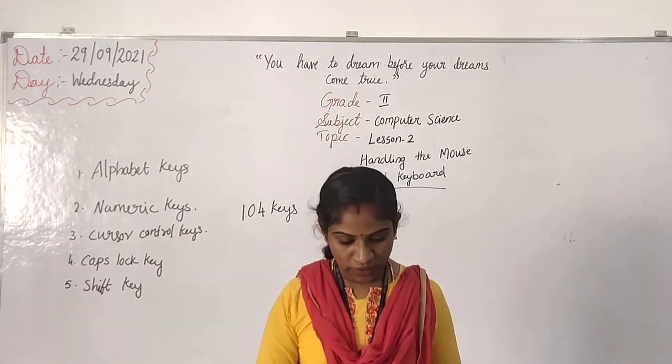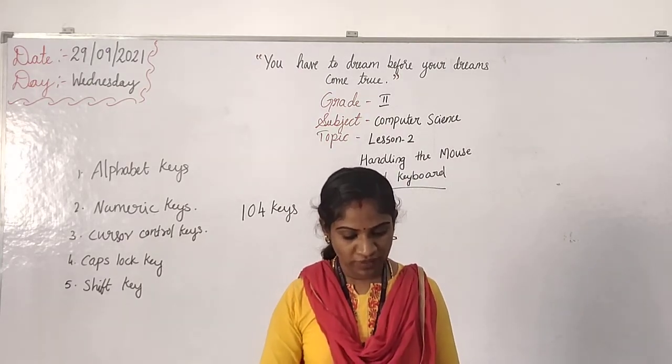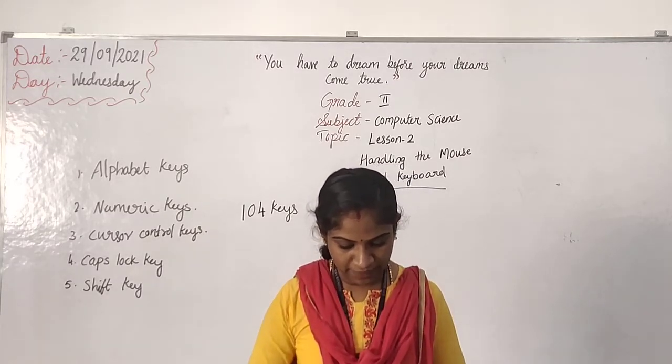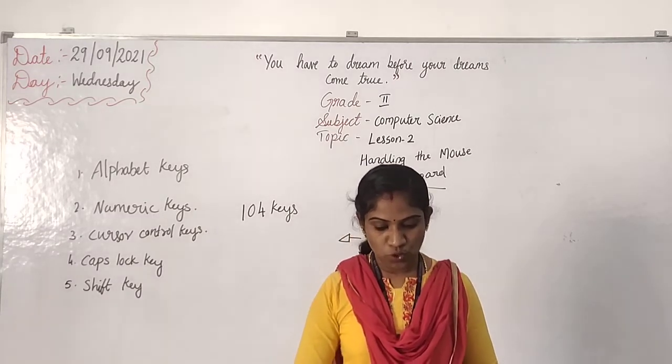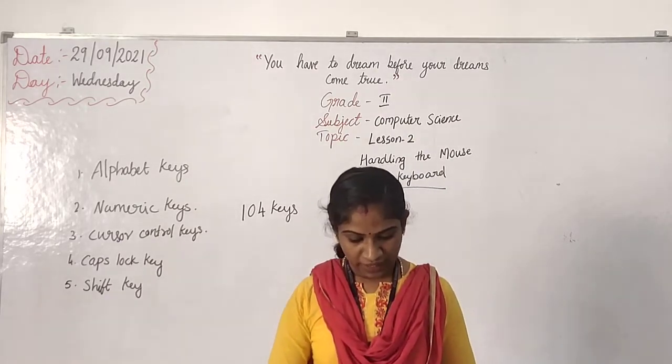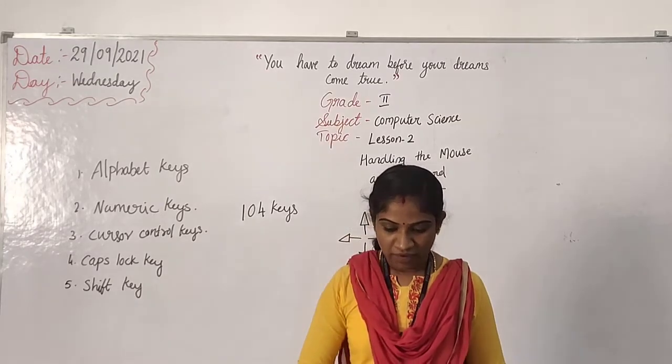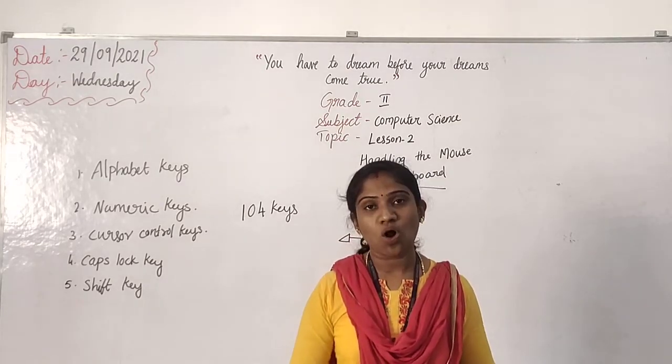Pressing and holding the Shift key along with a letter key will type that letter in capital even when Caps Lock is turned off. Shift plus A gives capital A when Caps Lock is off.